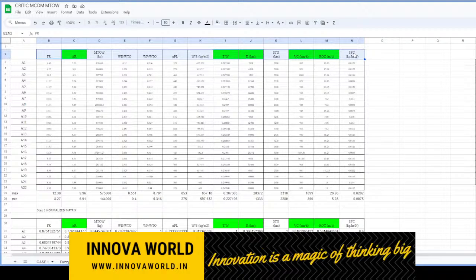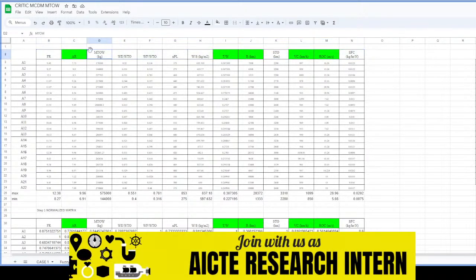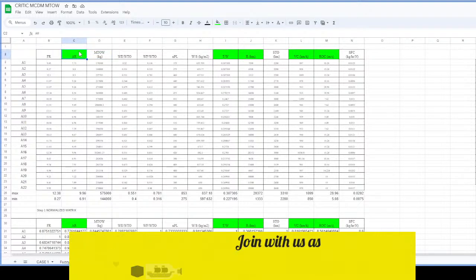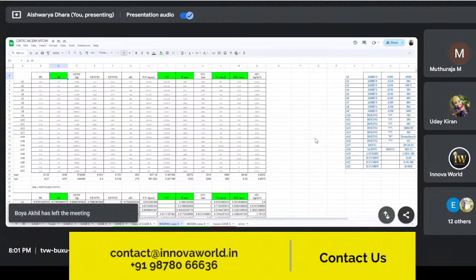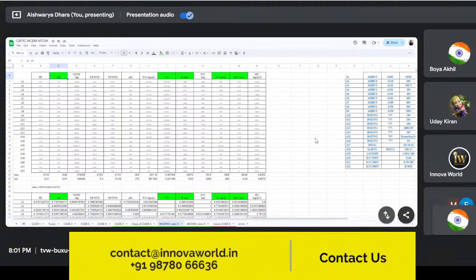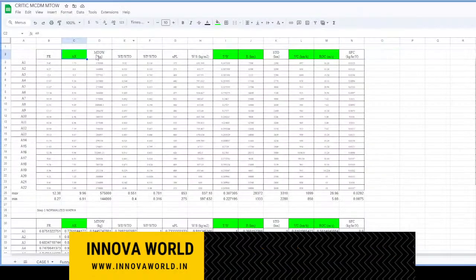Then after collecting the data, the second step is to identify which one is the beneficiary factor and the non-beneficiary factor. Now what is a beneficiary factor? The word came from benefit.